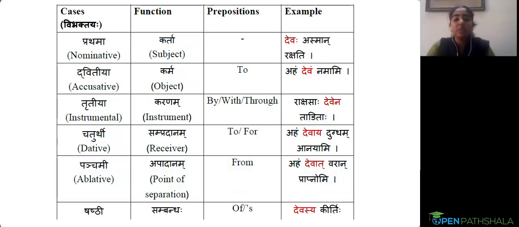Before we move into the words themselves, there is one concept that you have to understand. In English, we have the help of a lot of prepositions when we want to convey a sense. For example, I bring flowers for the deity, or the bird flew from the tree.